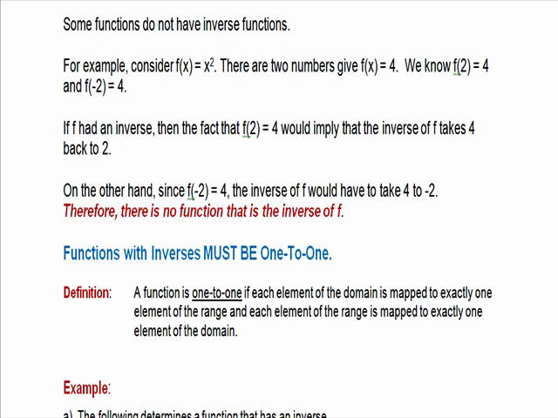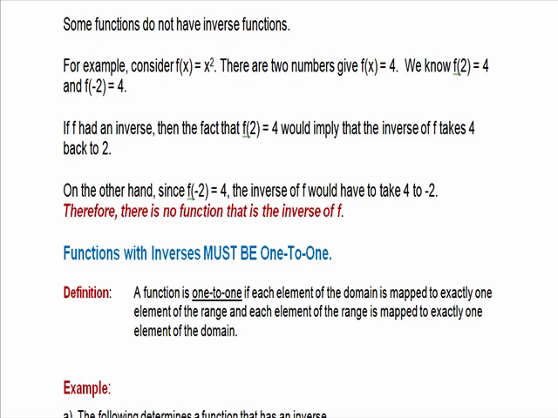Because if I think about what happens when I get out the number 4, for example, we actually know that we have two numbers that would produce that output of 4. Right? F at 2 would be 4, but so would f at negative 2. So the problem is our function is not what we call one-to-one.